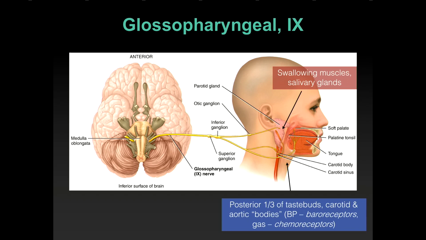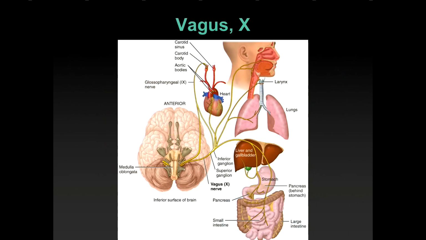Now, along with the glossopharyngeal nerve and its innervation of the aortic and carotid bodies, the vagus nerve travels along with it. And the vagus nerve is probably responsible for the majority of signals coming from those areas. You can think of the glossopharyngeal as a backup.